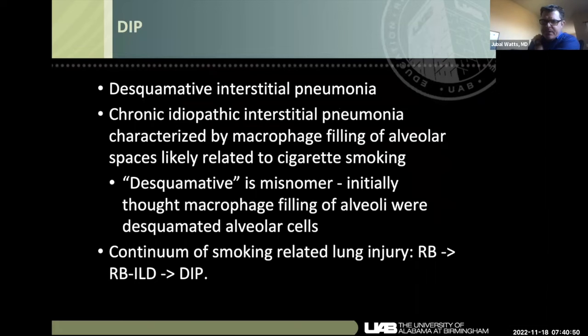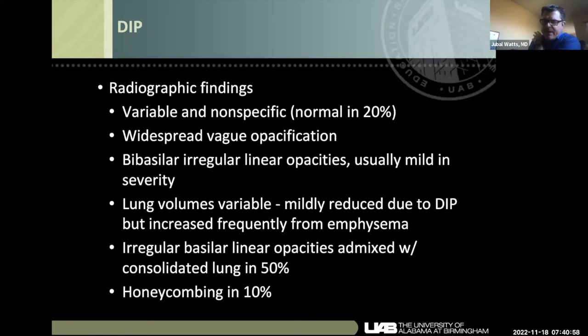So DIP, misnomer, it's a continuum of smoking-related lung injury. RBILD will progress to DIP over time. The radiographic findings are kind of non-specific. You can see vague opacities, the ground glass densities.